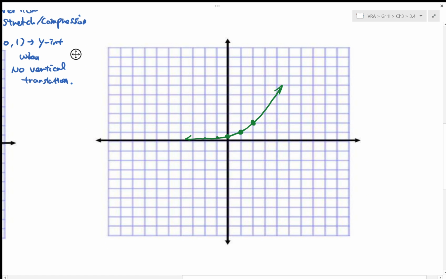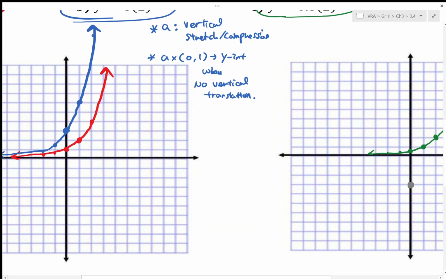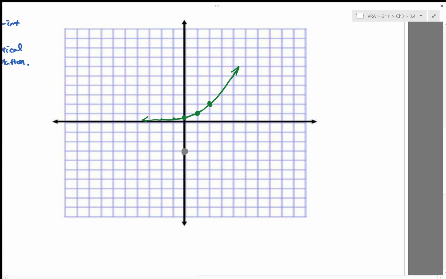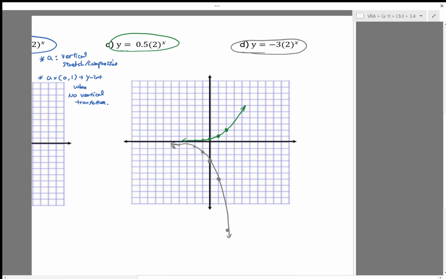When a is negative 3, your y-intercept is negative 3, so it's (0, -3). And then instead of being at (1, 6), it will be at (1, -6), and then (2, -12) somewhere there, and then -1.5, etc. So the graph looks vertically stretched like this, but it's the other way around in terms of the look.